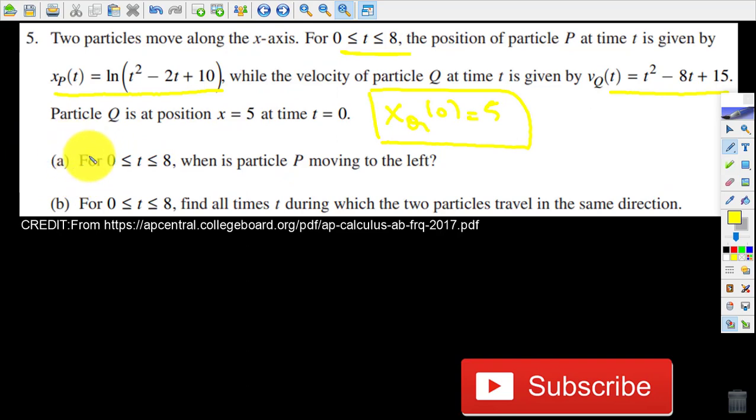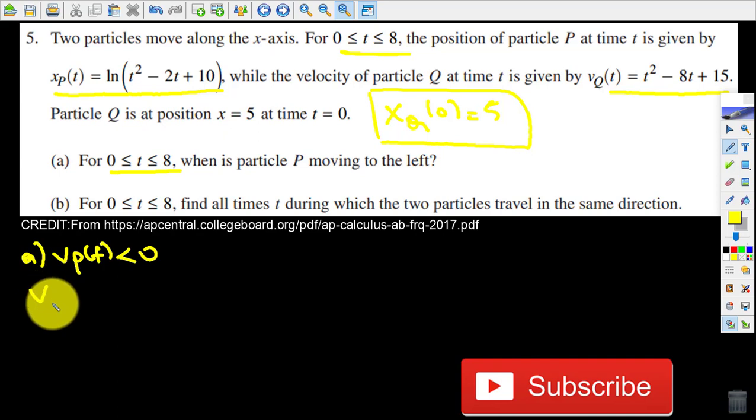In the first problem, it says for this time interval, when is the particle P moving to the left? If particle P is moving to the left, then particle P's velocity has to be less than 0. But we don't know the velocity of particle P. We know the position, so we can figure out the velocity by taking the derivative of the position of particle P. Let's figure that out.